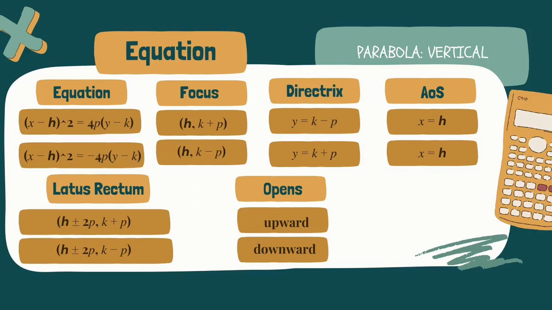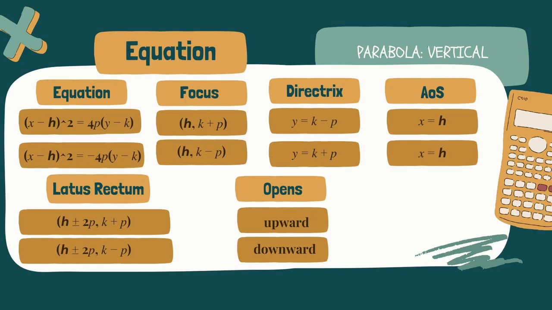So, ma-identify agad po natin yan kung vertical or horizontal yung isang equation. Kapag horizontal, ang nauuna is y. Pero kapag vertical po, nauuna is x. So, ayan po yung differences ng vertical and horizontal.